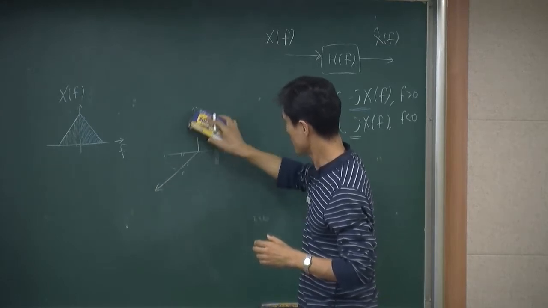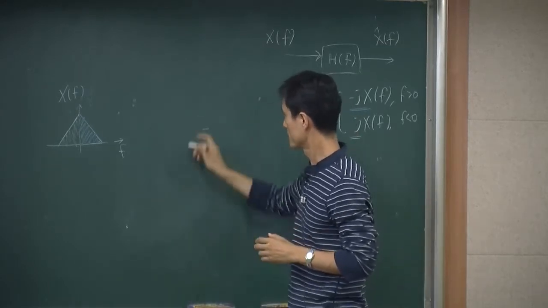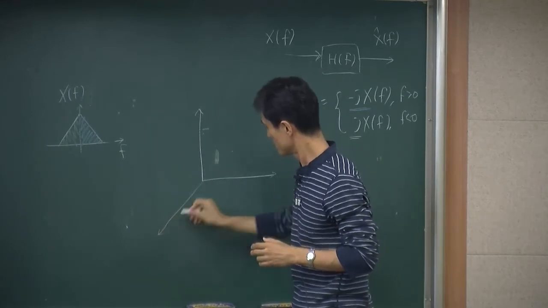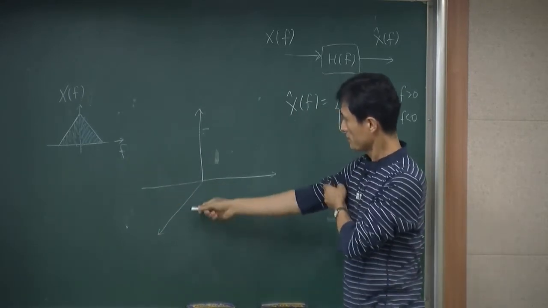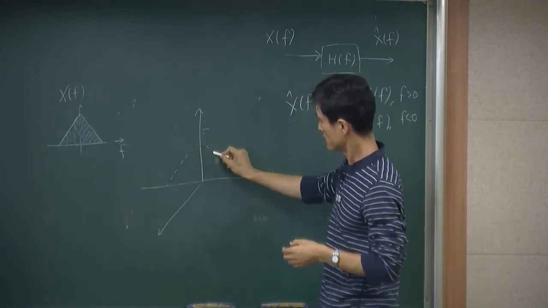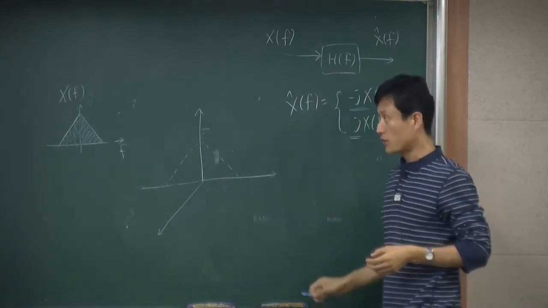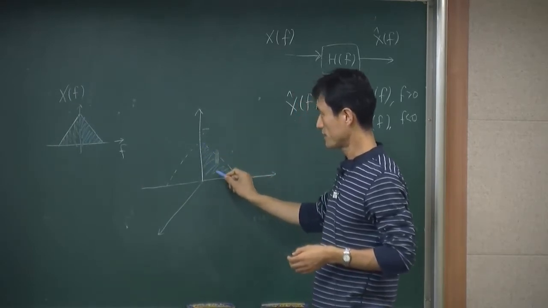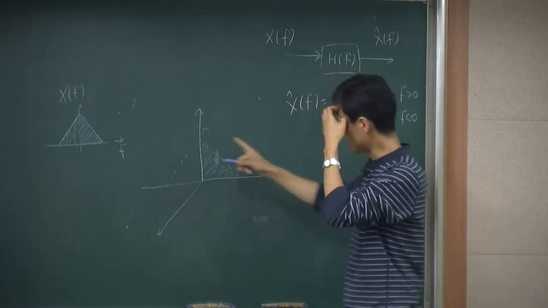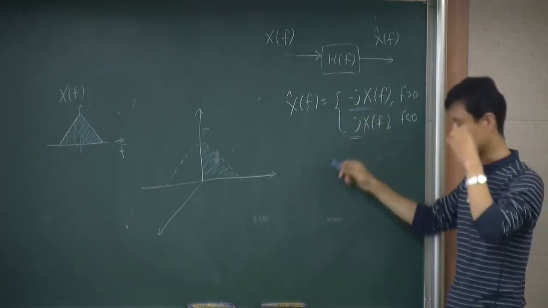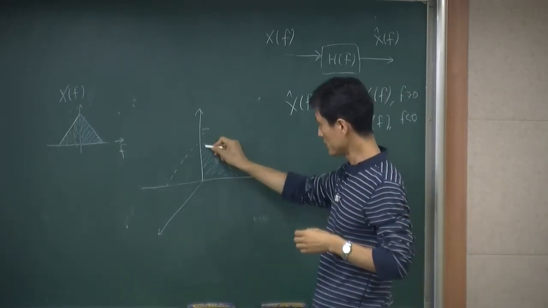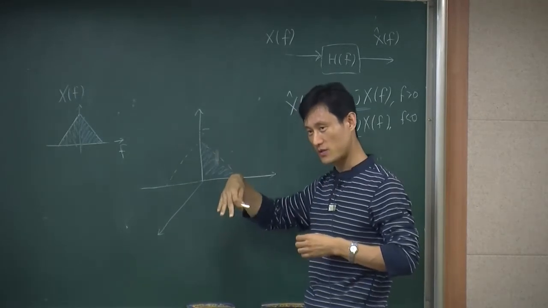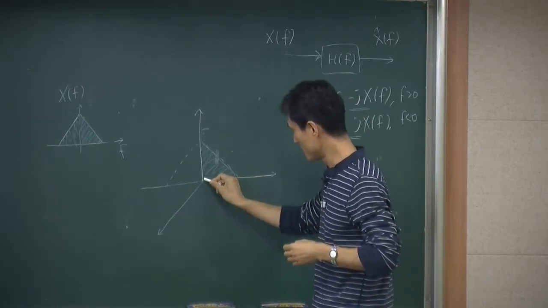So when you do that, what that means is that in my original signal here, the positive component has a minus 90 degree phase rotation. So this part is now going minus 90 degrees, and it becomes this.